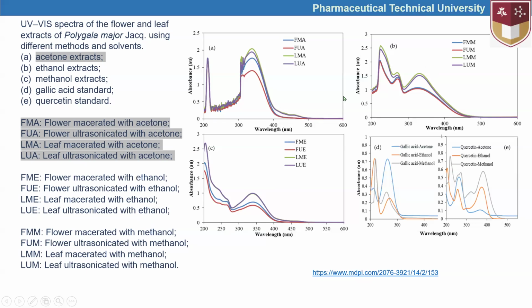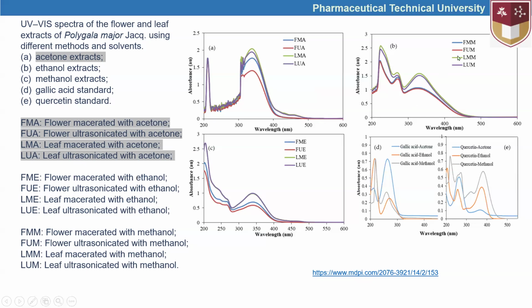In case B, flowers macerated with methanol and flowers ultrasonicated with methanol did not have higher differences compared to those carried out with acetone. I mean, the green color and violet color that belong to leaf macerated with methanol and leaf ultrasonicated with methanol did not have big differences, you can see.